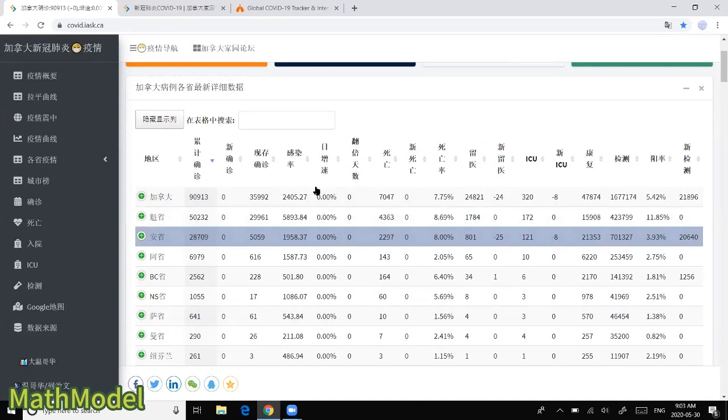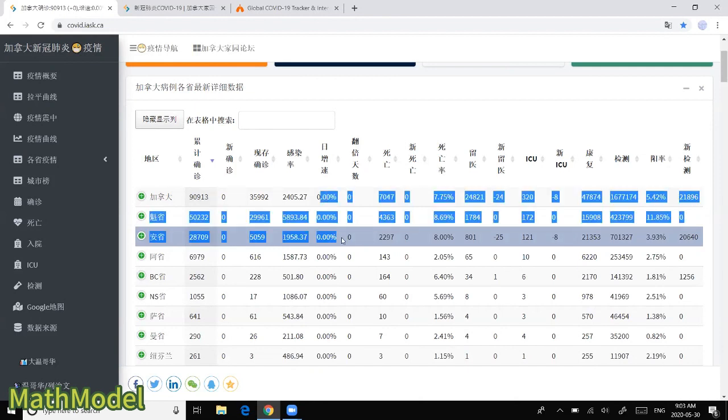So that's that. And then we also have 日增数, which is basically the percent of new positive and all positive. So the new positive cases divided by all the positive cases, and then we make it into a percent.